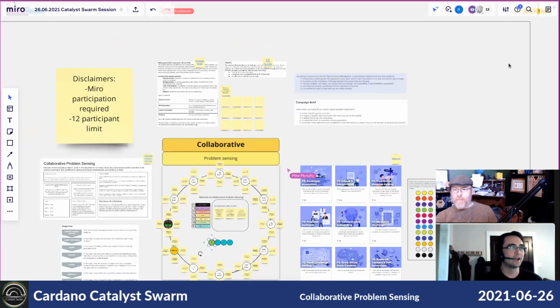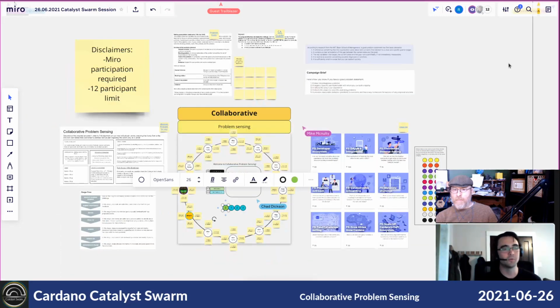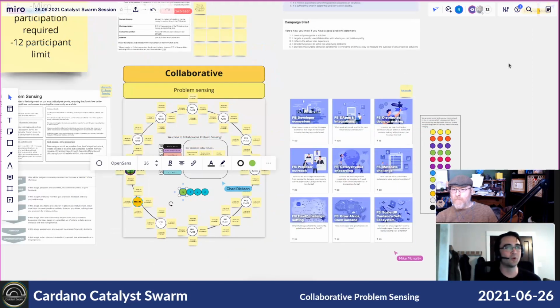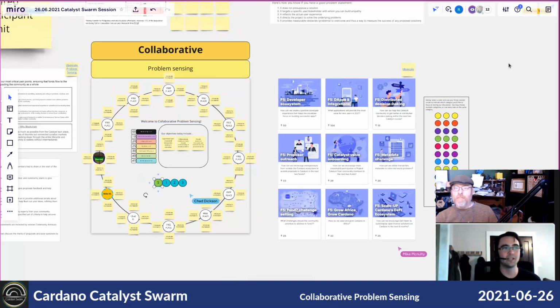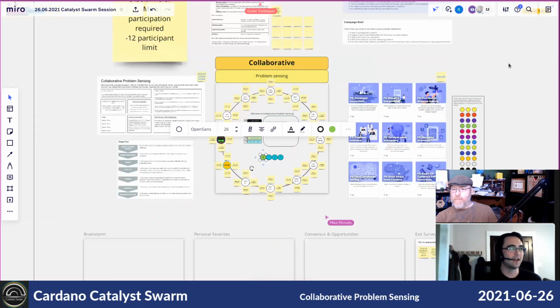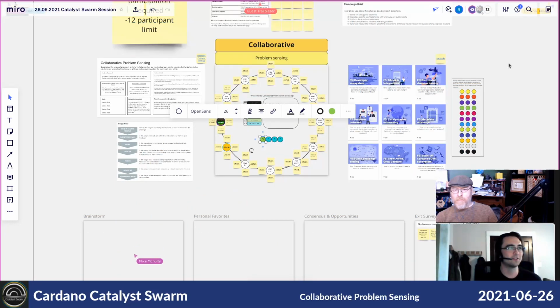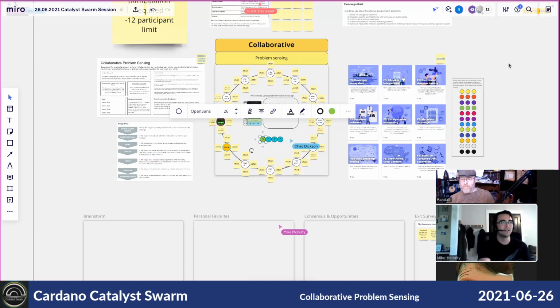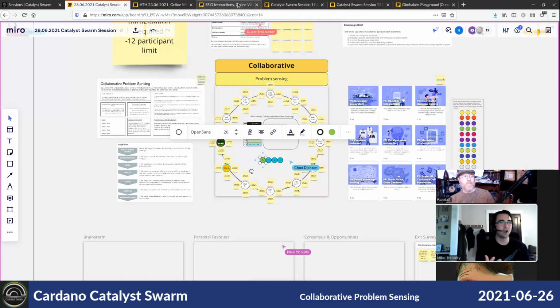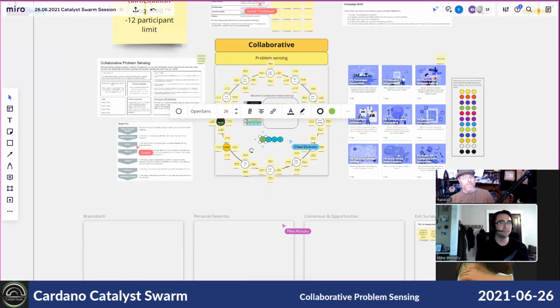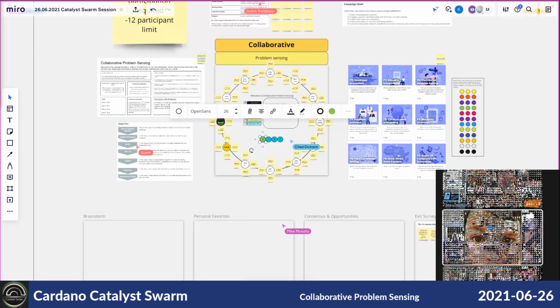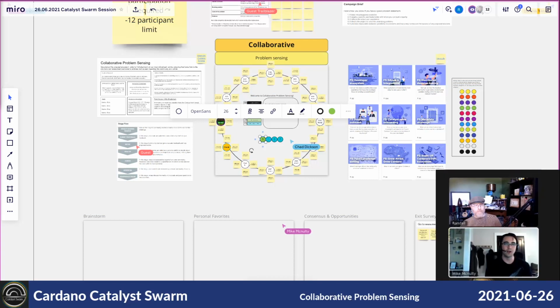Once we have that common understanding of what a problem statement is and how it fits into Catalyst as a whole, we'll together agree on where we want to spend time focusing on problems, narrow our focus by selecting a fund category, and then get into some ideation and a collaborative refinement activity. Then we'll try to align on one or two main problems to drill down on, maybe start to identify some use cases or opportunities on the wicked problem we've identified, and that's where we'll wrap it up.